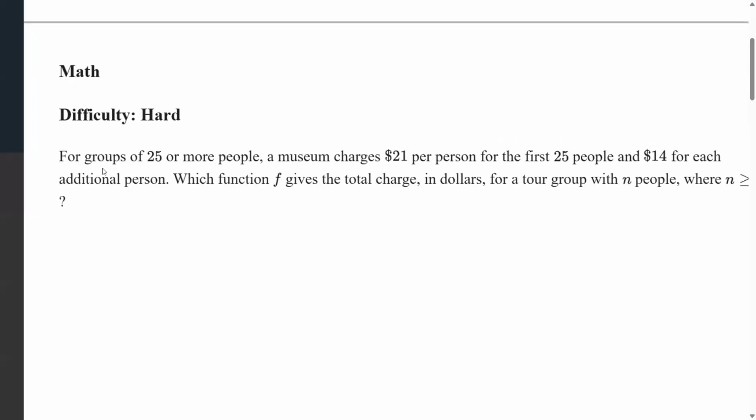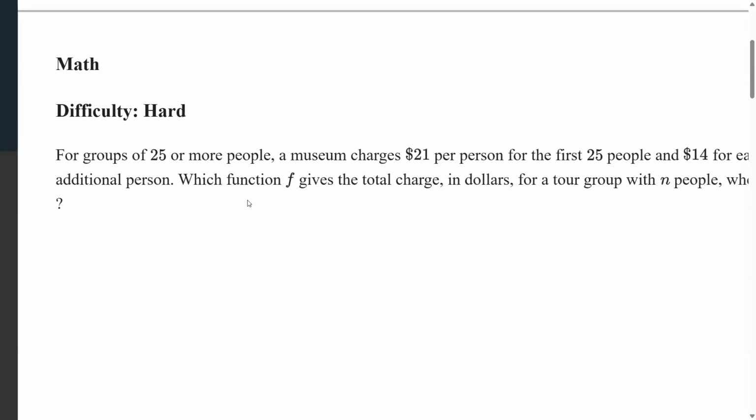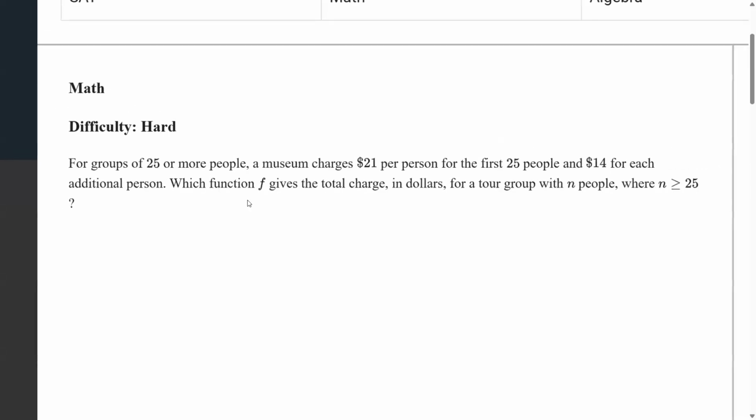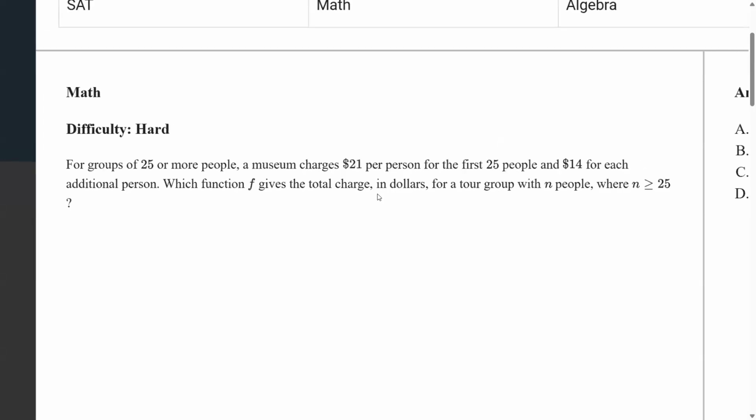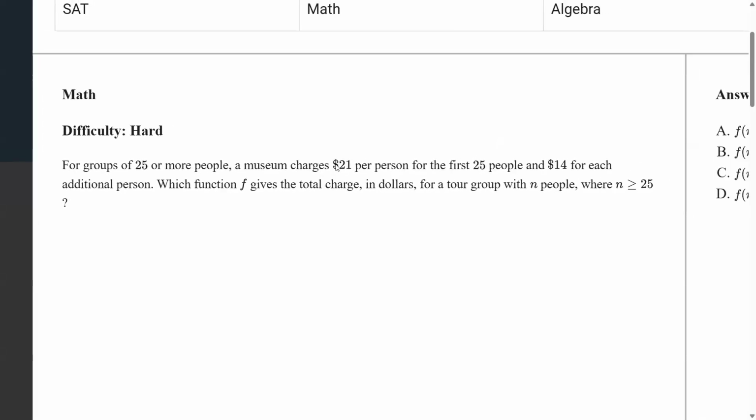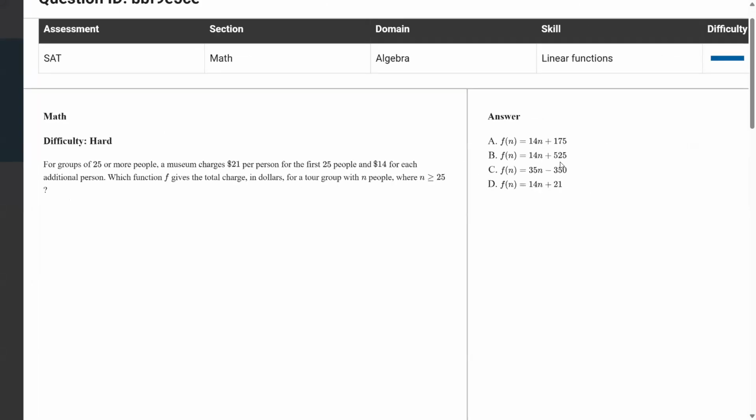For groups of 25 or more people, a museum charges $21 per person for the first 25 people and $14 for each additional person. Which function F gives the total charge in dollars for a tour group with N people? So for the first 25, $21, and for each additional one, $14. Let's see.